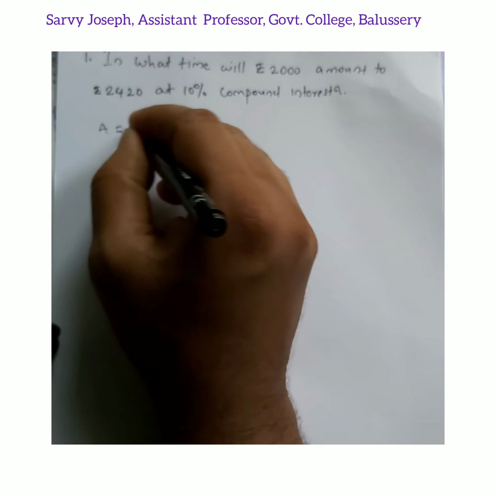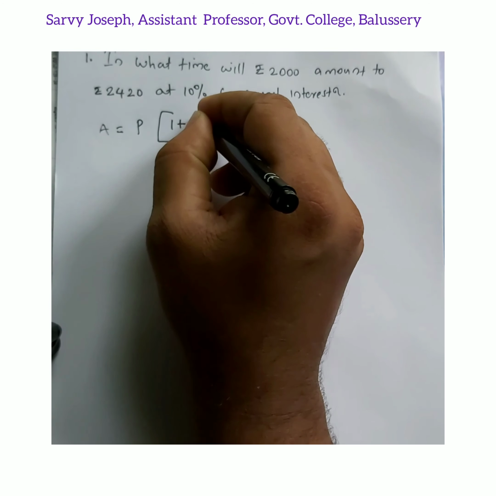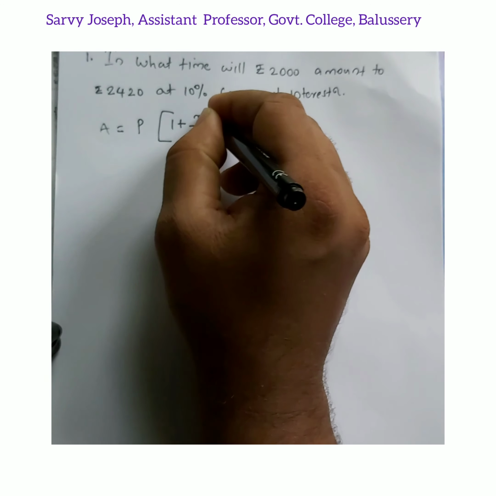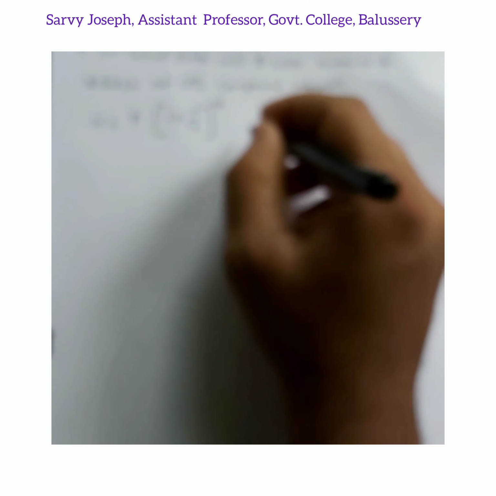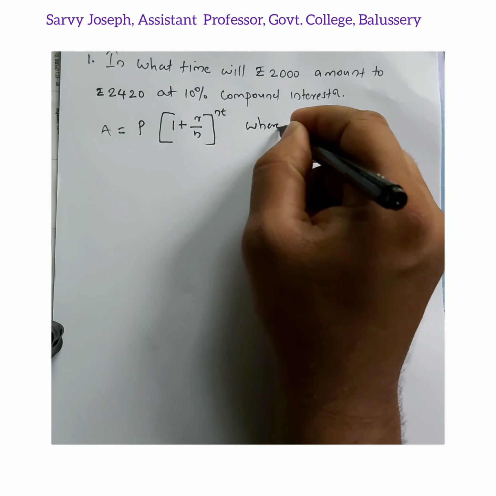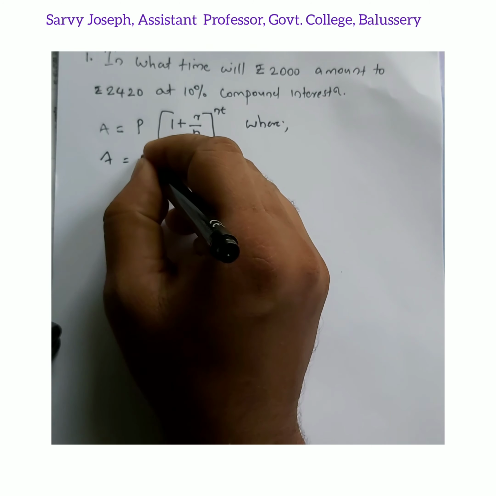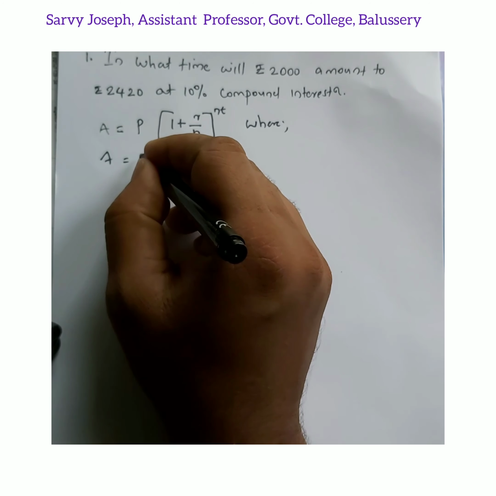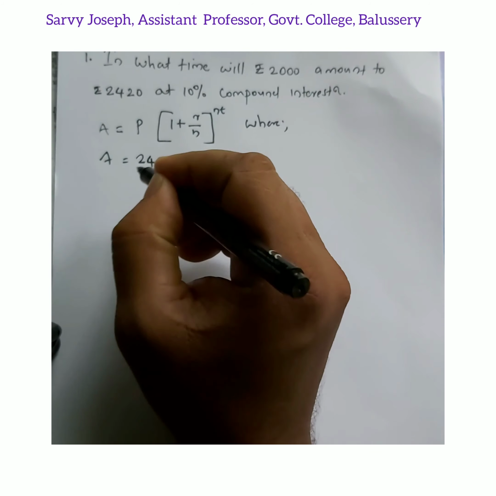A is equal to P into 1 plus R divided by N raised to Nt, where A is equal to, we have been given the amount at the end, 2420.